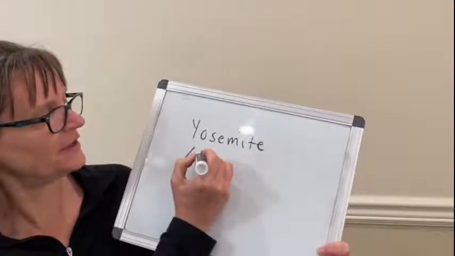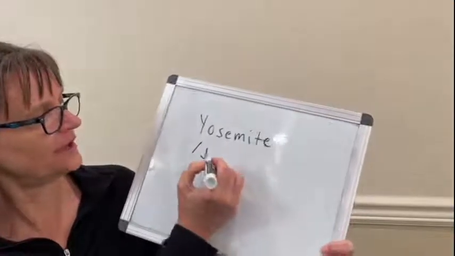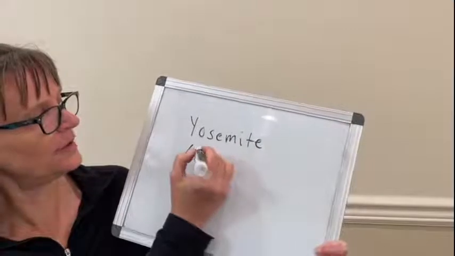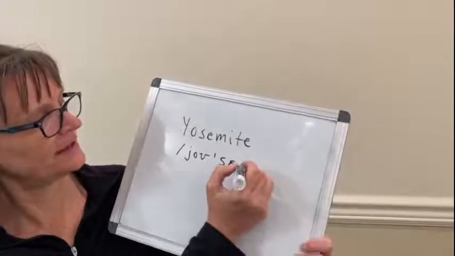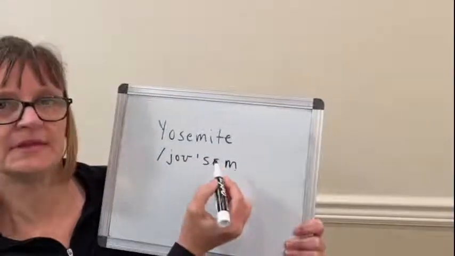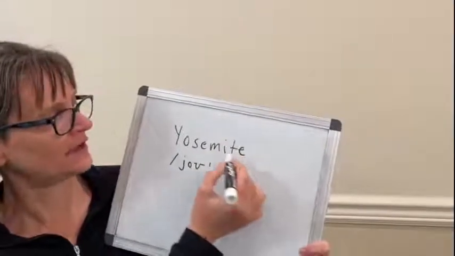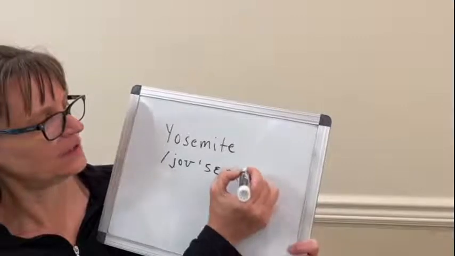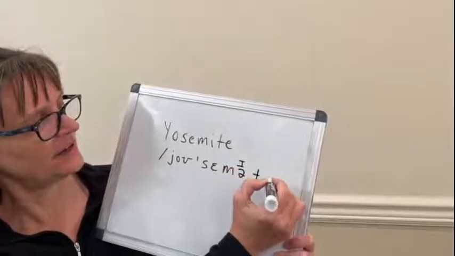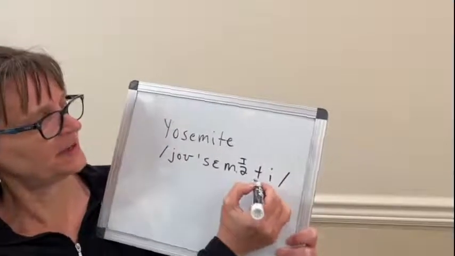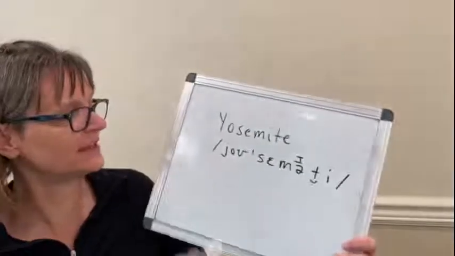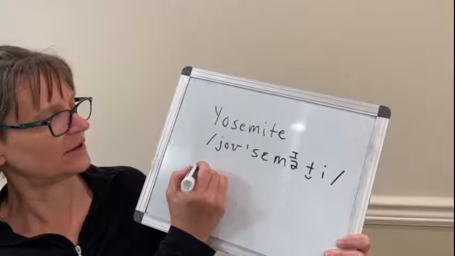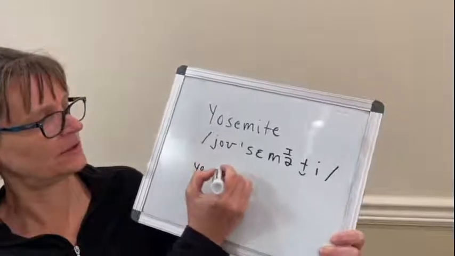So we'll have the Y sound from letter Y, our O, and then stress on the SEM with an E. And then we have a schwa here or an I sound here. The T is going to be flapped, and then our last E is actually going to say the E sound, Yosemite. So I would write that like this.